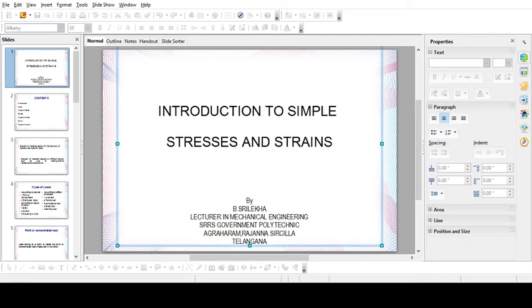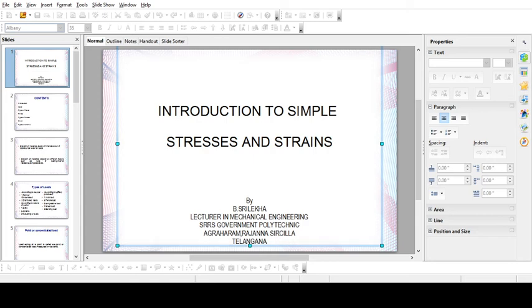Next, stress. Stress is nothing but the resistance offered by a body per unit area of cross section. The resistance offered by a body per unit area of cross section is called stress.